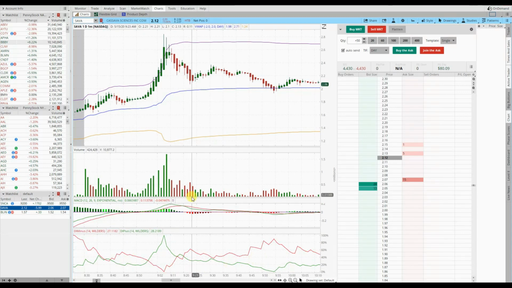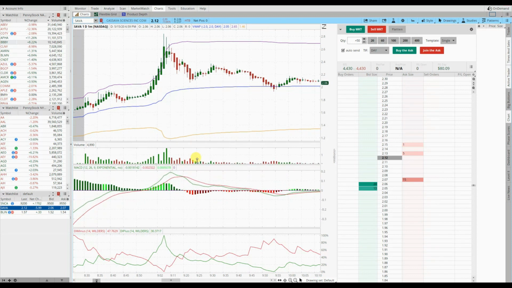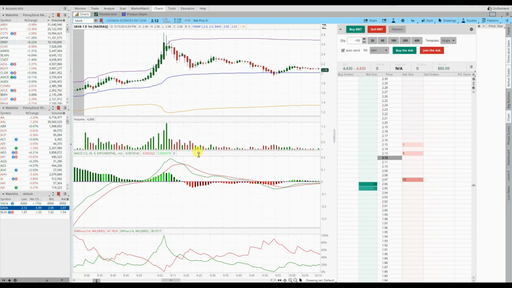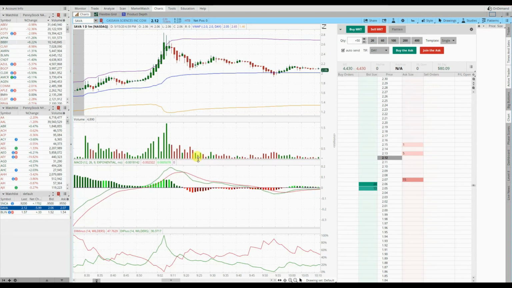The second indicator that I want you to consider is the MACD. This is a big deal. So the MACD for me helped me have a good idea of when it would be safer to enter into a stock.